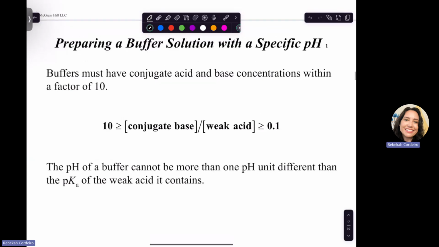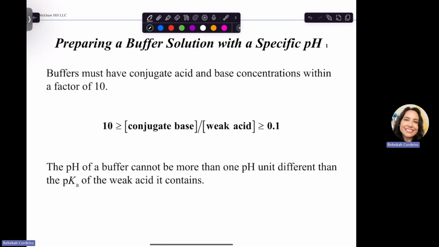If you want to make a buffer with a specific pH, buffers have to have conjugate acid to base concentrations within a factor of 10. So you can't have like 10 to the negative 3 amount of your conjugate acid and then 10 to the 3 amount of your base, right? They got to be pretty close to each other.